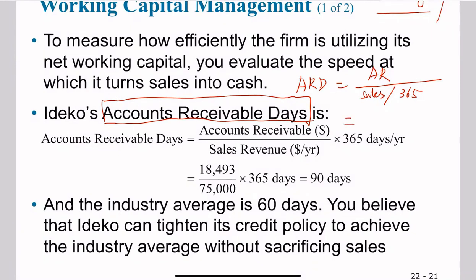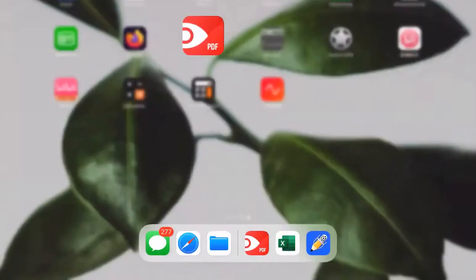Just according to this formula, we need to basically find out this firm's accounts receivable and its sales. So let's see this firm's income statement in 2010.